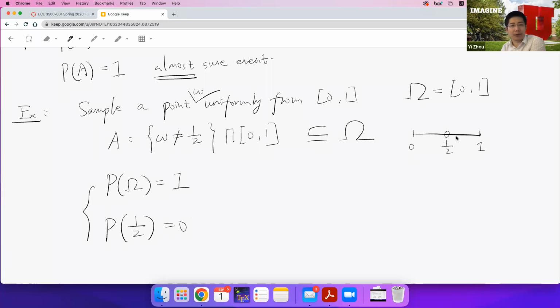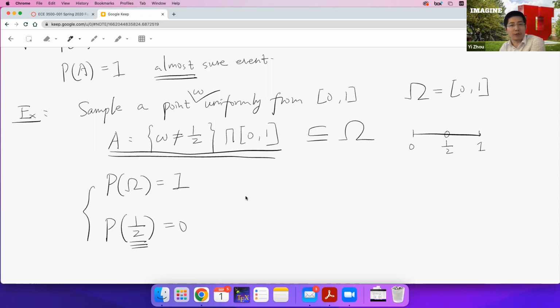Now this event and the event A are mutually exclusive. This event means we pick the middle point, and A means that we pick every other point except the middle point.